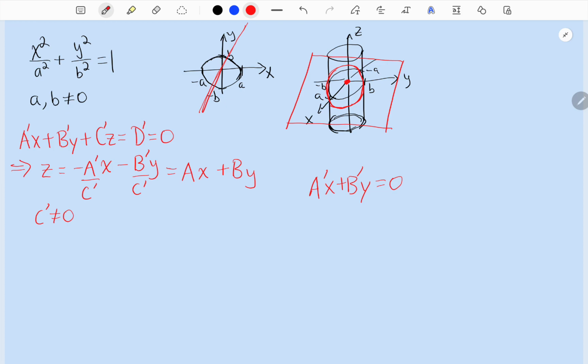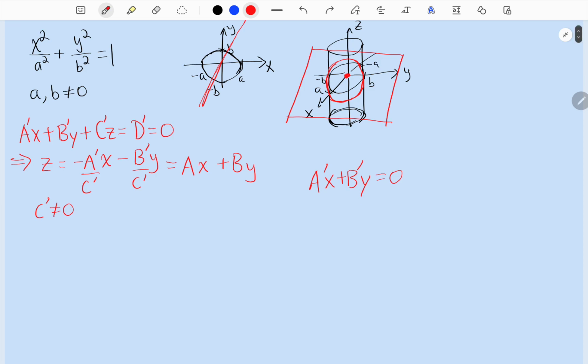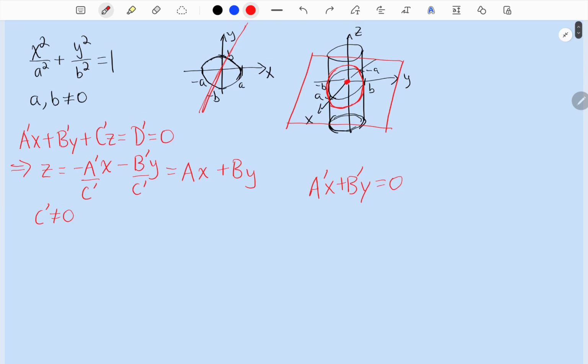So there is no way for the intersection to be a circle, because the intersection is just going to be essentially two lines going up and down forever. The plane's normal vector is perpendicular to the z-axis, so you're not going to get an intersection anywhere else.